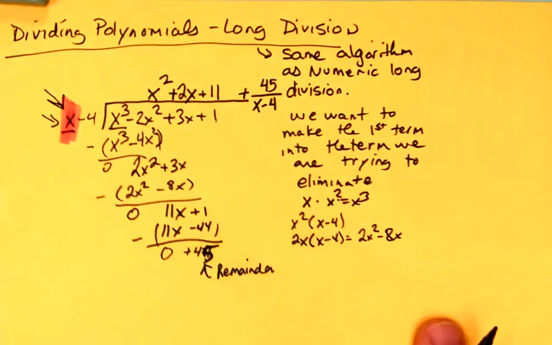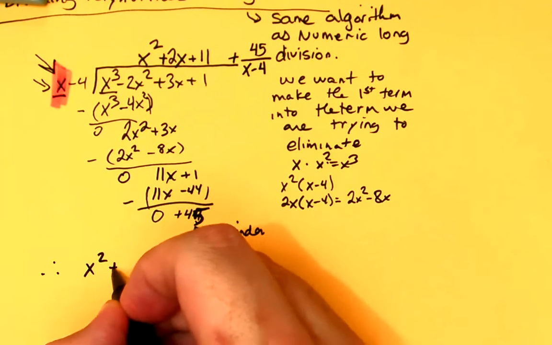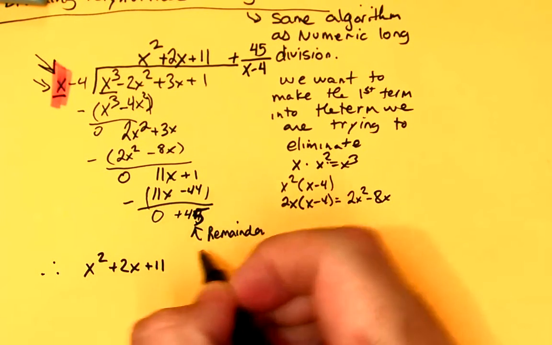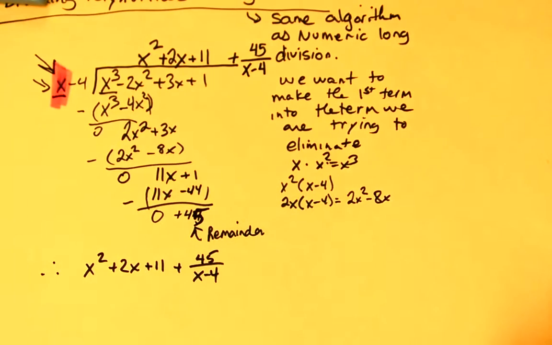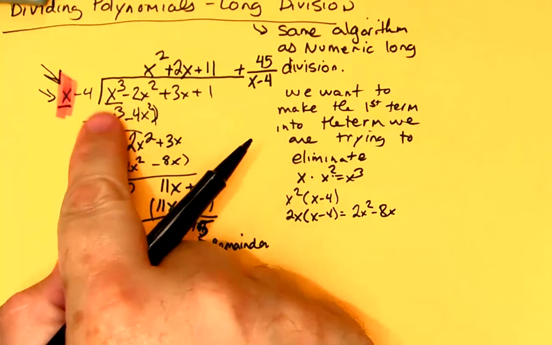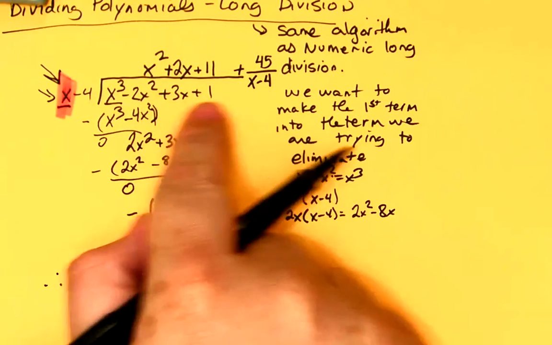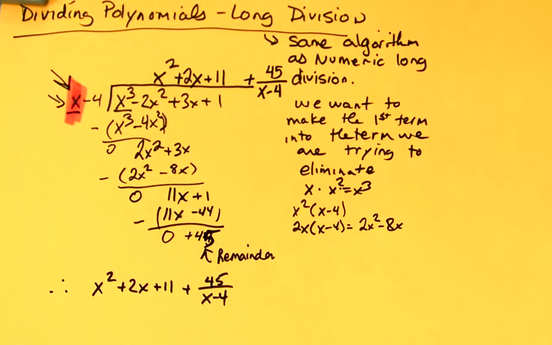So the answer is x squared plus 2x plus 11 plus 45 divided by x minus 4. And that's our final answer when you divide this polynomial by this guy right here. So, long division is exactly the same algorithm. You just got to be really careful with it, and you might end up with a remainder.